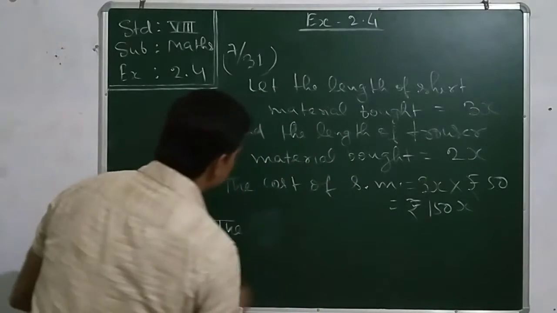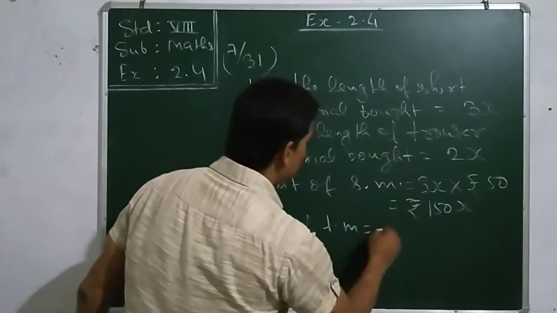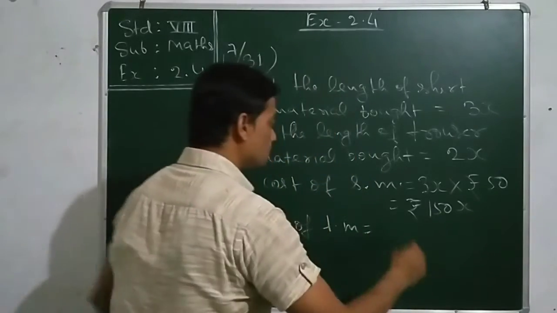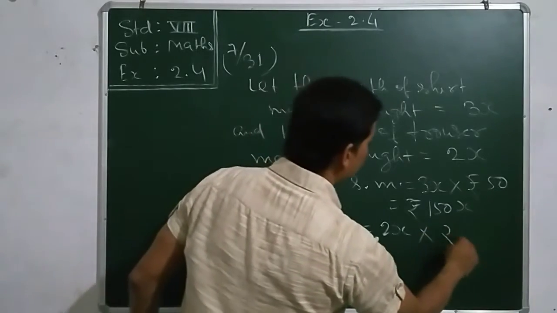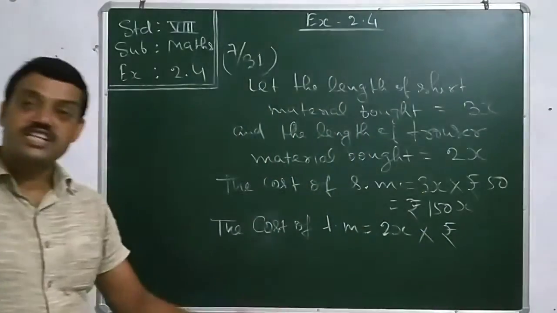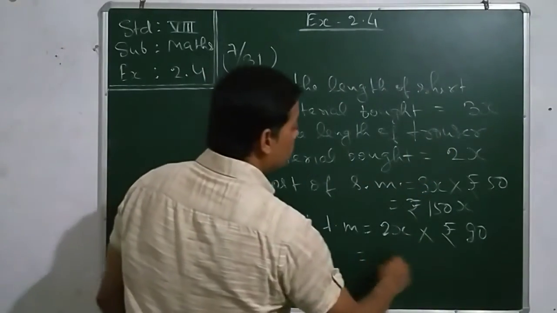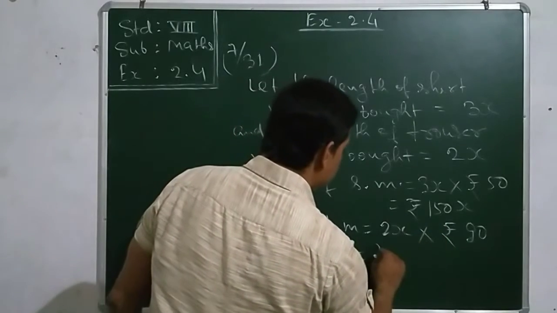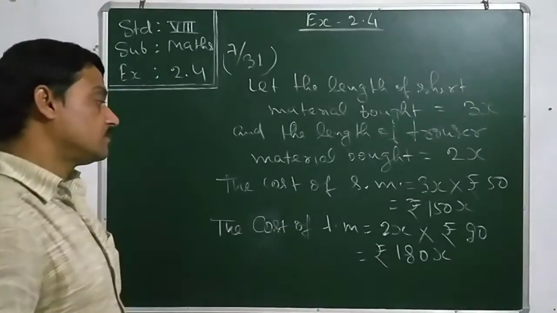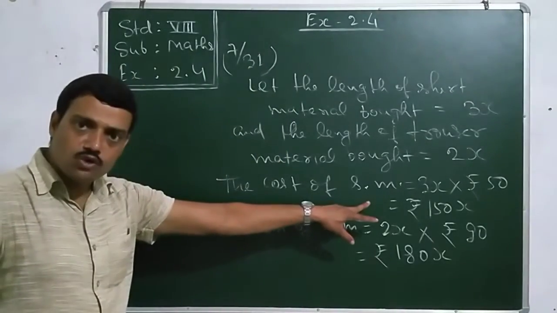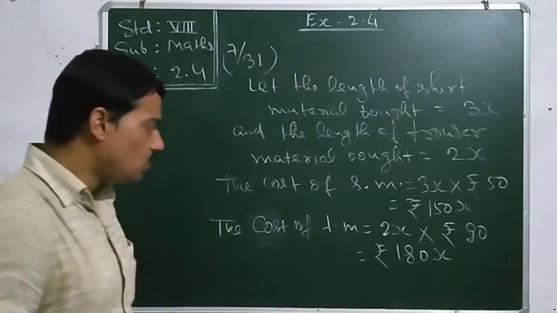The cost of trouser material equal to 2x into rupees 90 per meter. So it will be rupees 180x. Profit of 12% on this and profit of 10% on this is also earned.